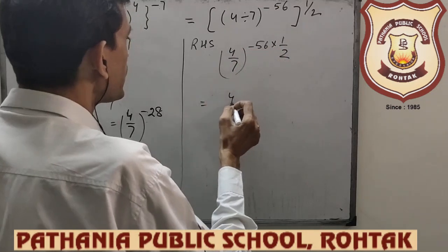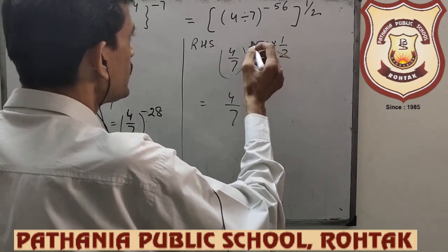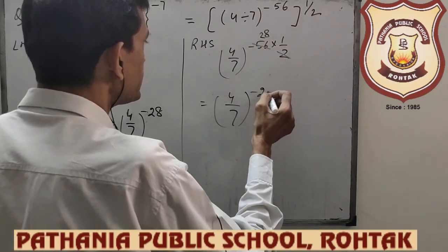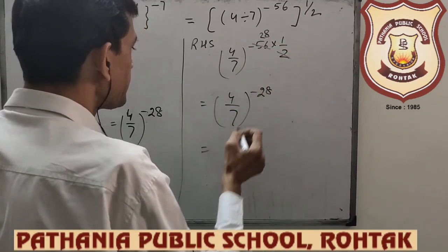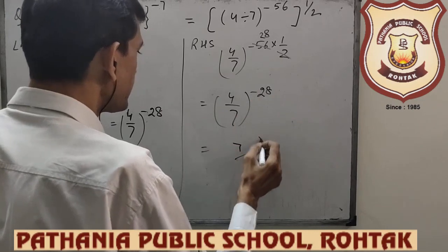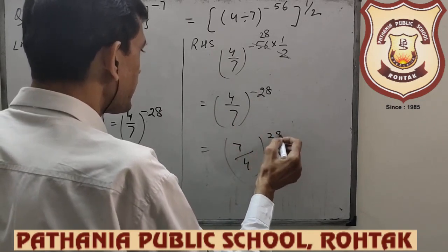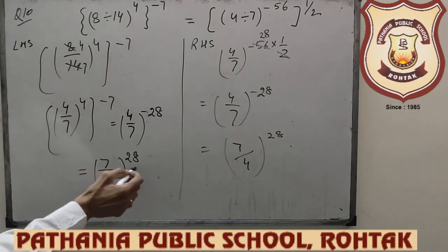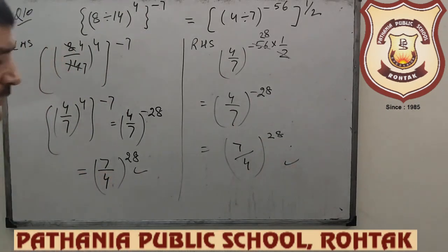So what is it? 4 by 7, 2 28s are 56 raised to the power minus 28. A minus power is there, so write it 7 by 4 raised to the power 28. So in this way left hand side is equal to right hand side.